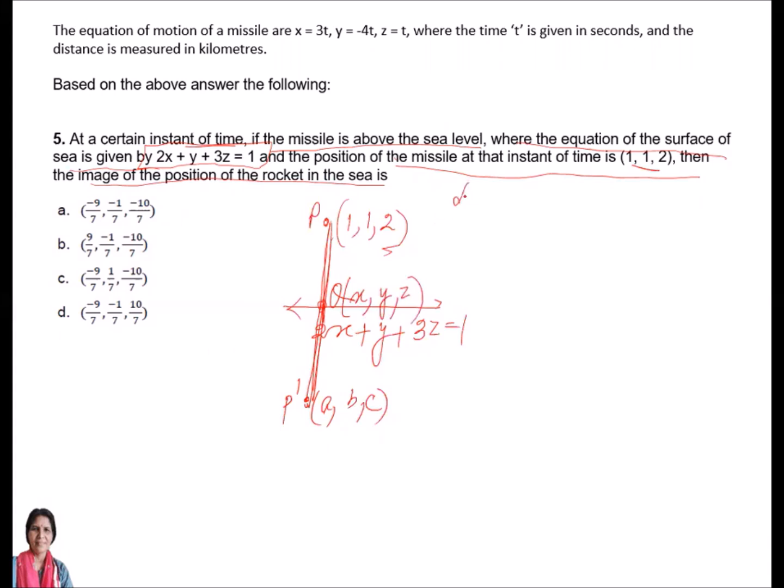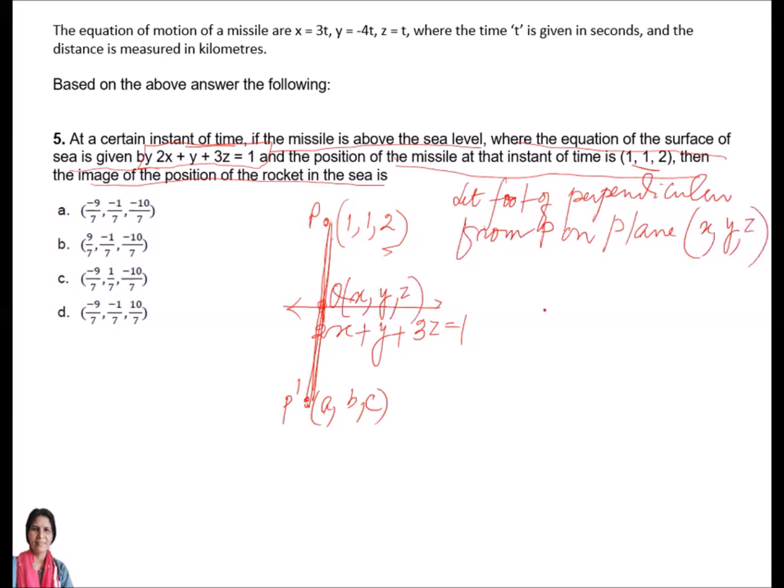So I'll write, let Q be the foot of perpendicular from P on the plane XYZ. No need of writing all the answers in an explanatory way, because you only have to find the answer. So no need to waste time, but I'm writing to make you understand.